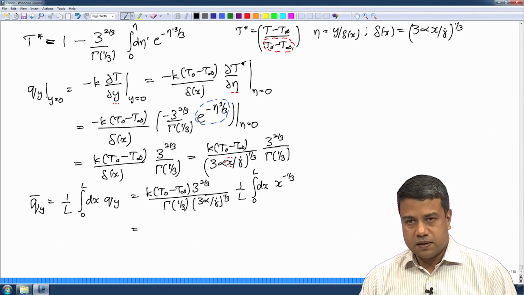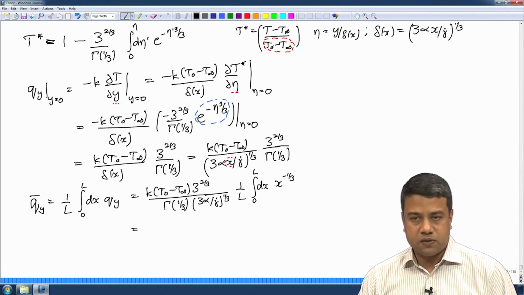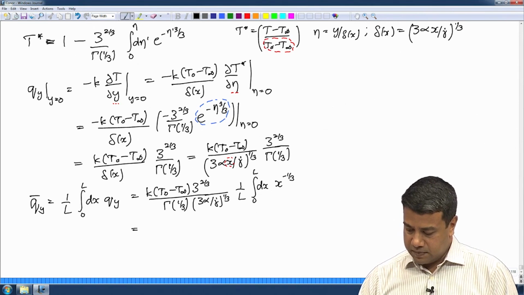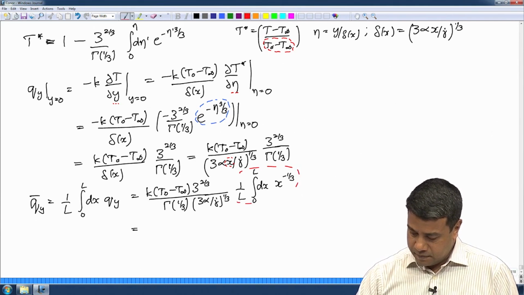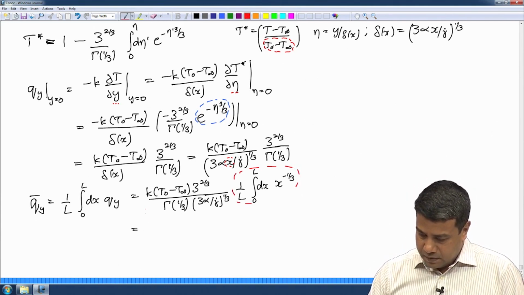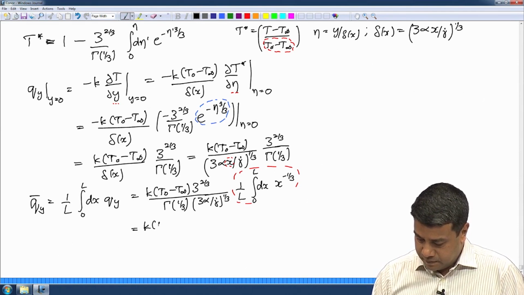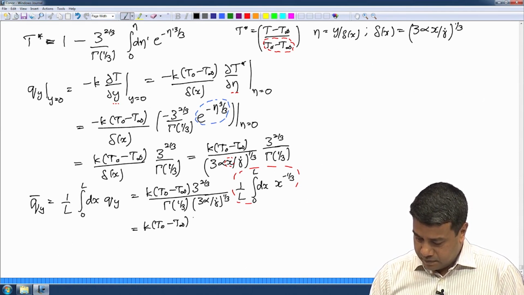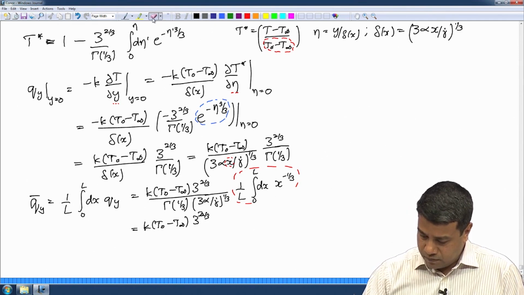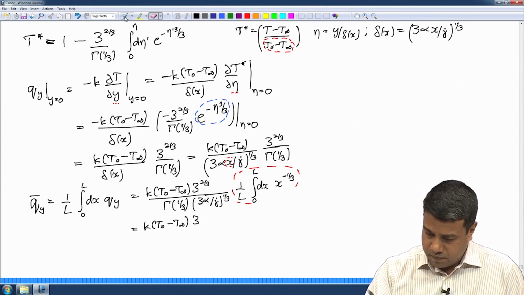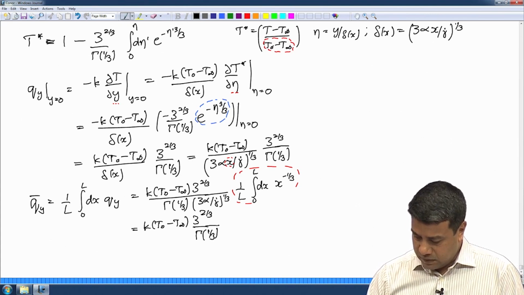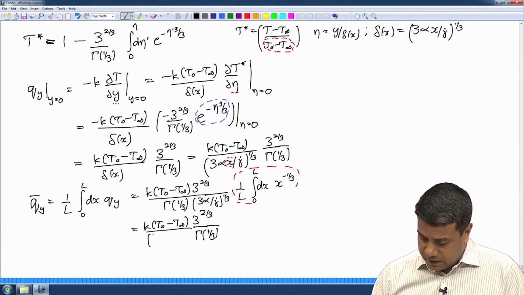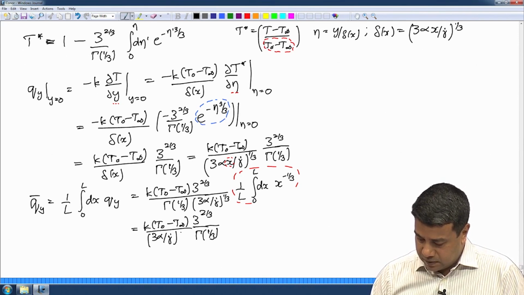Now, this will go as 3 by 2 x power plus 2 by 3. So, this term here will give me, and here I have 3 alpha by gamma dot power 1/3.